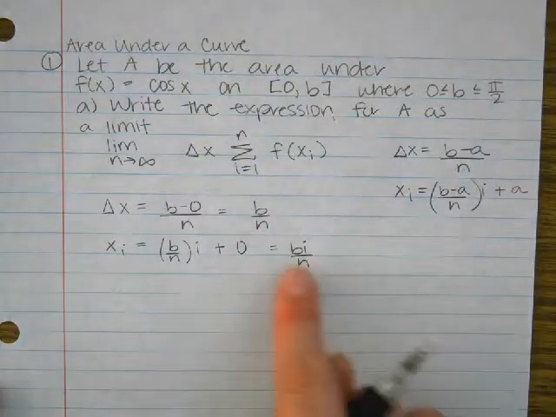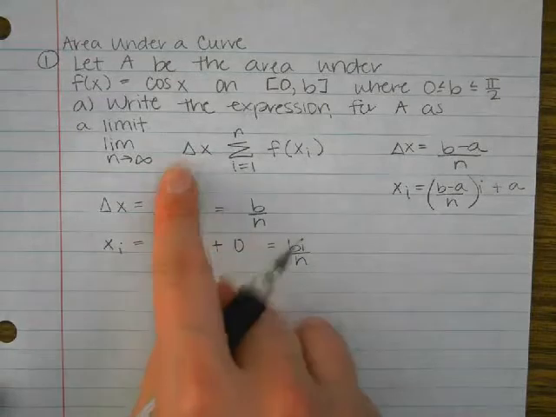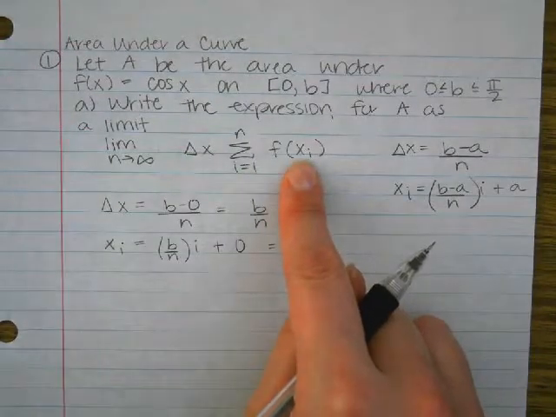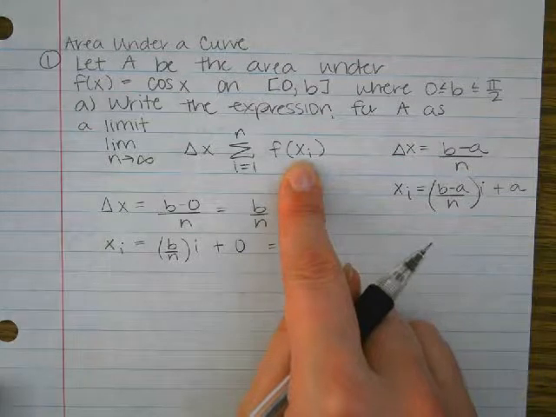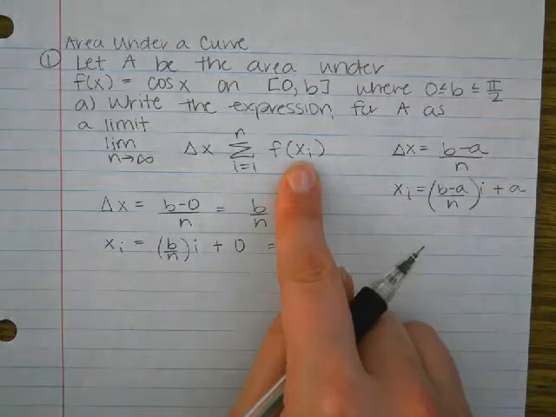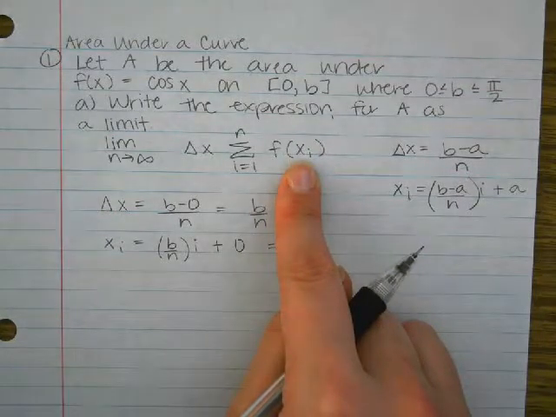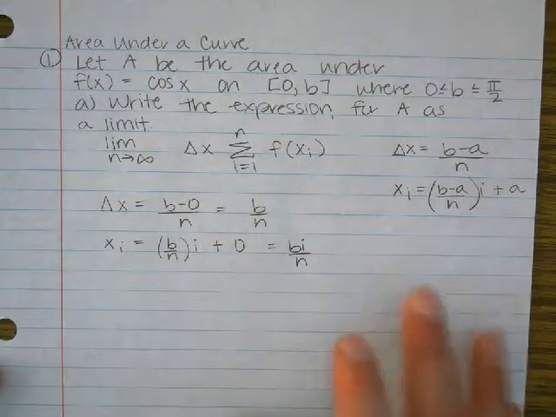Once we have these two things, we're ready to substitute them in right here and right there, and then we'll have the limit written. This is really just asking whether you can write the notation. We're not doing any math right now. We're literally just writing the shorthand for how we would do this problem.